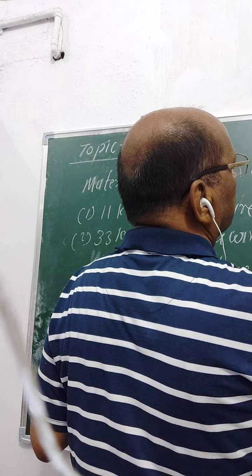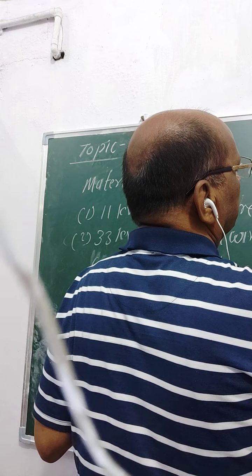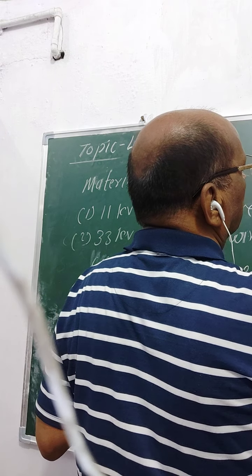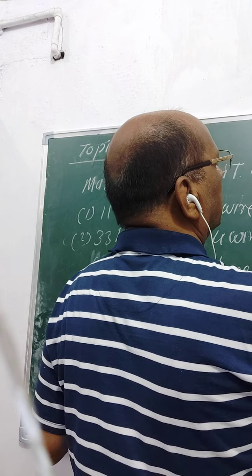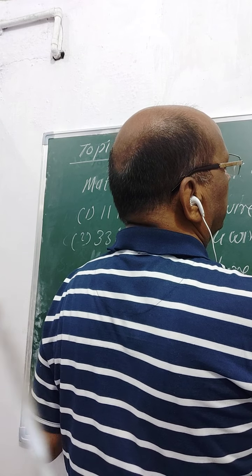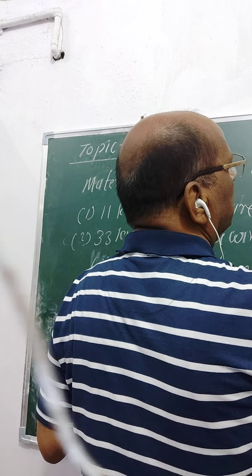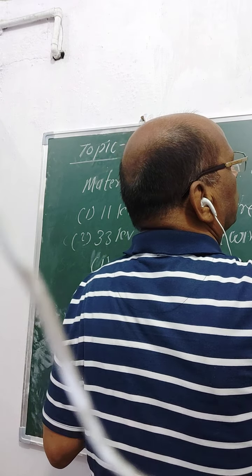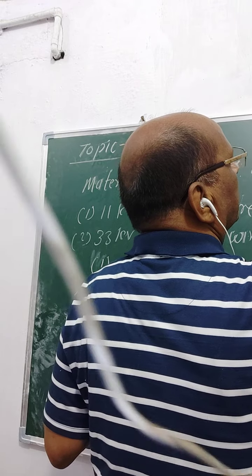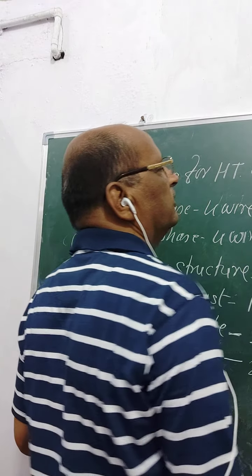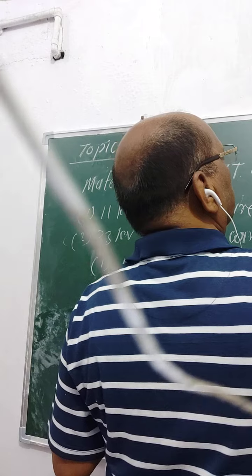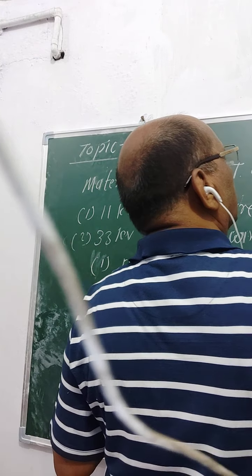So this is rolled steel joist. This is 110, this is 90, and this thickness is 6.3 mm. These are all dimensions in millimeter. So if you extend it, this is the RS joist.